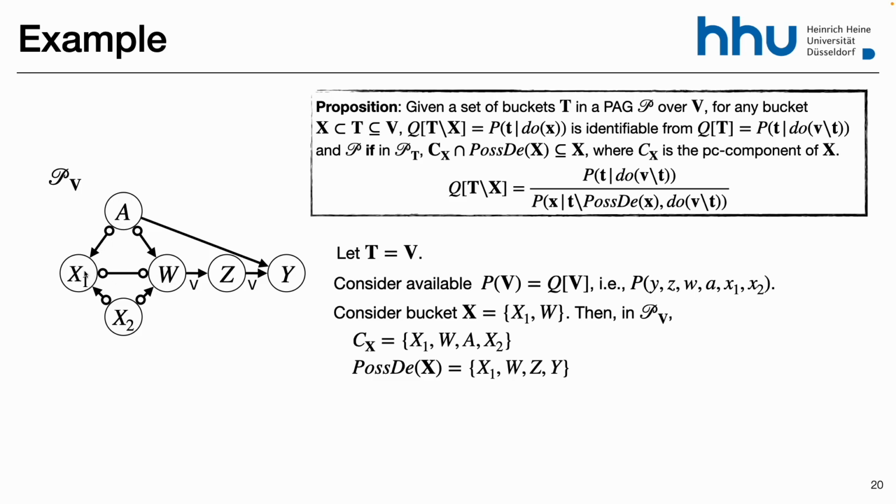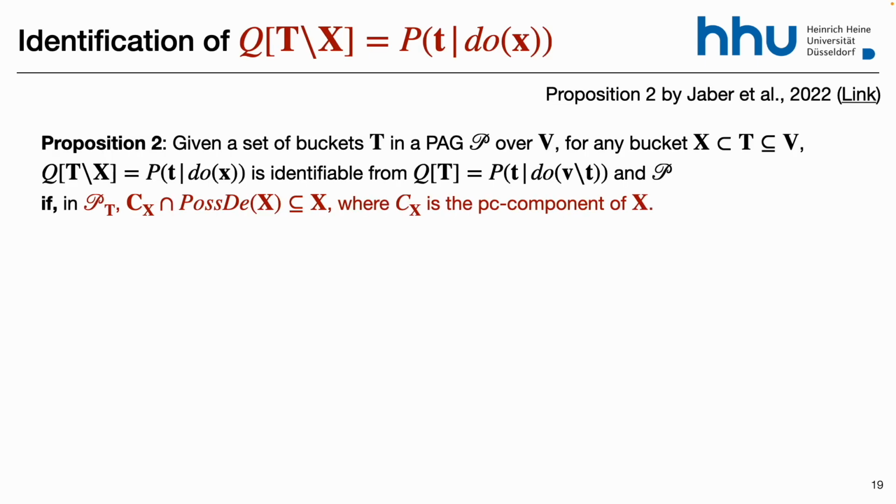This is also part of the same PC component. X2 is also part of the PC component. So this all together is the CX, which is the union of all PC components of the variables in the bucket, right? And then the possible descendants of X include, sorry.